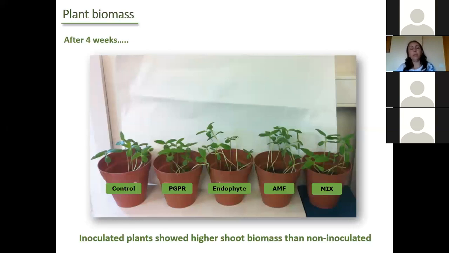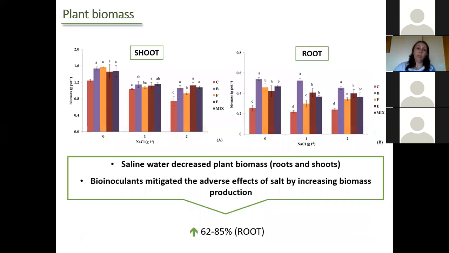In terms of plant biomass, you can see here that just after 4 weeks, we already have some differences, because the inoculated plants showed higher shoot biomass than non-inoculated ones. And this tendency was confirmed at the end of the experiment. As you can see here, we have the plant biomass in shoots and roots after 10 weeks of treatment.